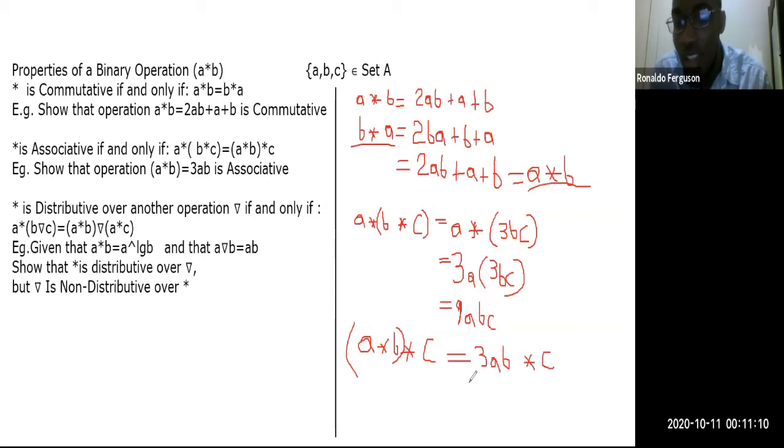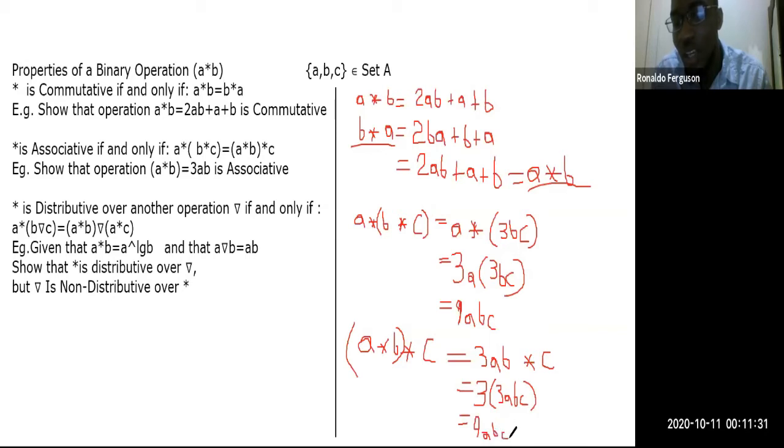Now 3AB star C is 3 times the first number, which is 3AB, times the second number, and the second number is C. Alright, and so 3 times 3AB works out to be 9ABC.